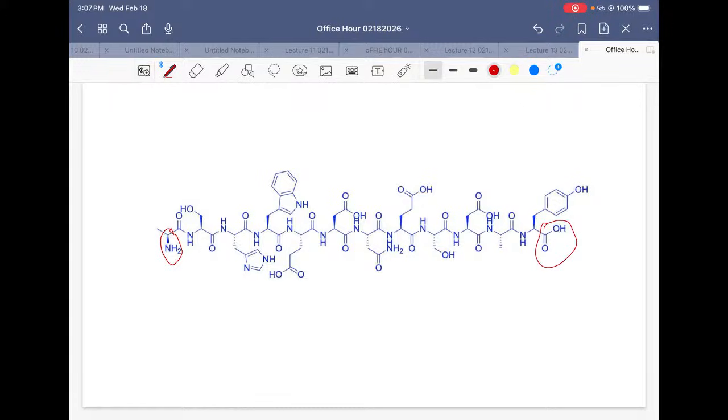Anyhow, going back to the peptide here, what do we have for this peptide? What's the first amino acid residue here? I'm going to take this out here, the rest is going to be annoying, the delay.